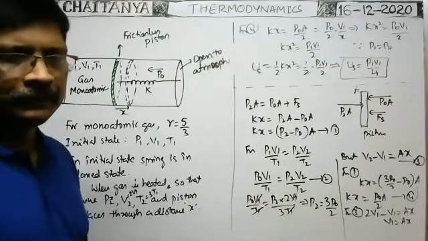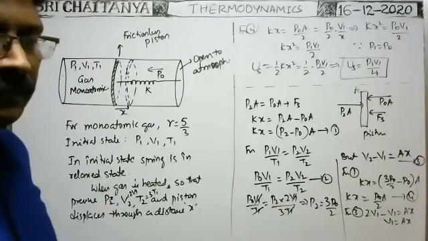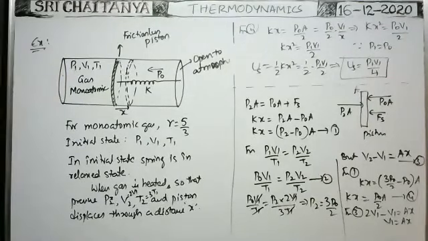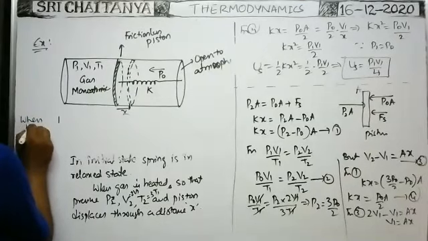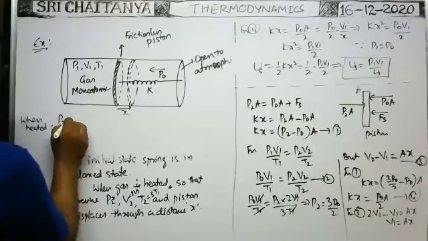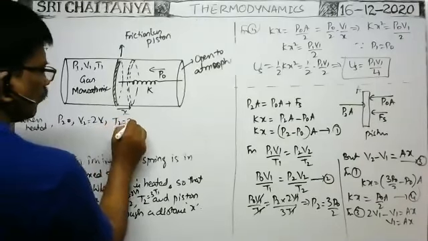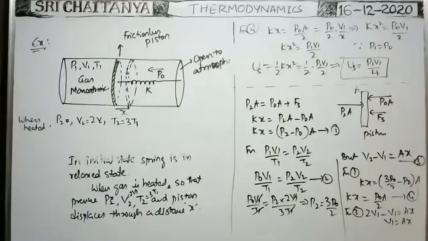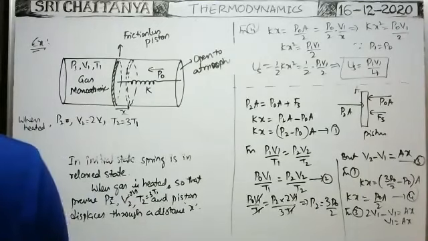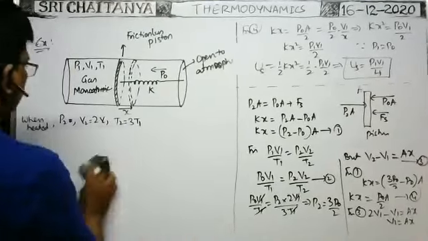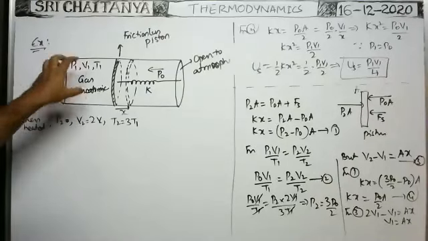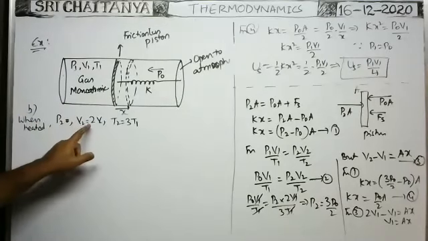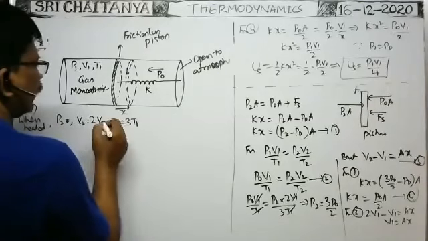Next, note down part B. When the gas in the cylindrical vessel is heated so that the pressure is P2, the volume becomes 2V1, and the temperature becomes stable.